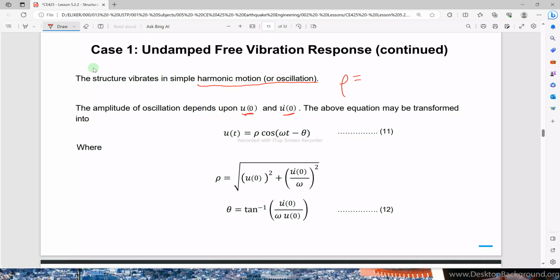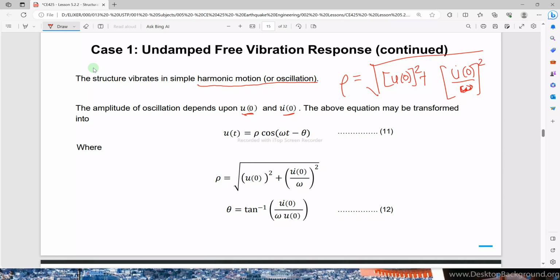It will depend on that, because rho, the amplitude, is equal to the square root of u0 squared plus the square of u dot 0 over omega, the natural angular velocity of the structure, with or without the effect of the force.